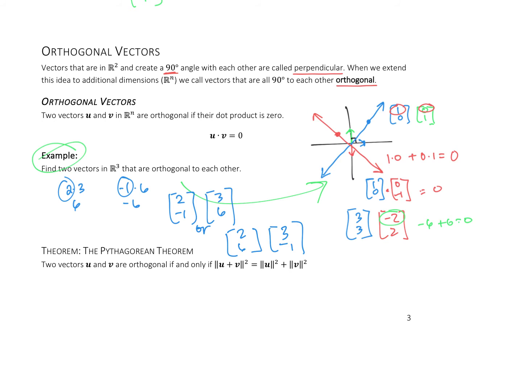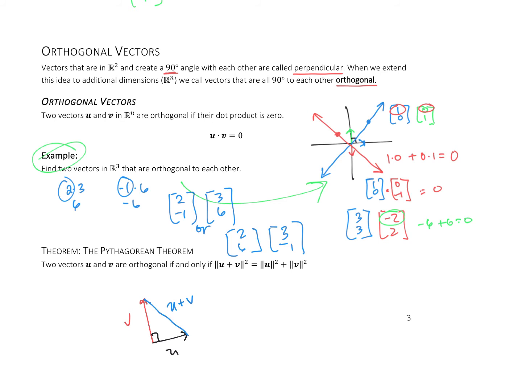Okay, you ready? So if they're orthogonal, here's a fun fact. Here's U, here's V. We're assuming they're orthogonal, which means that this here is U plus V.